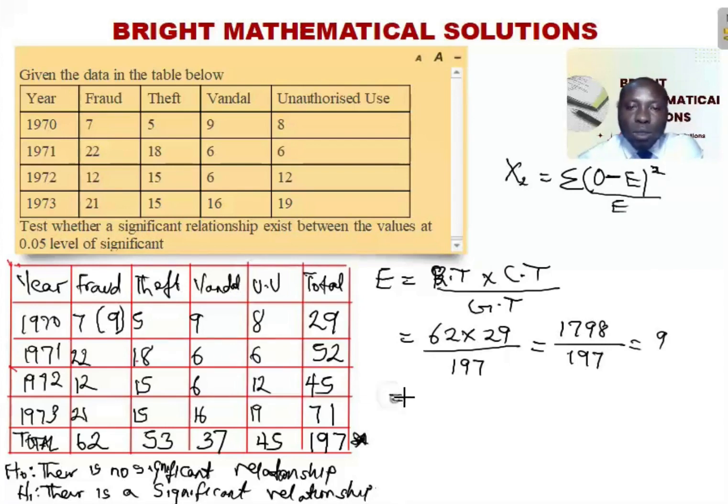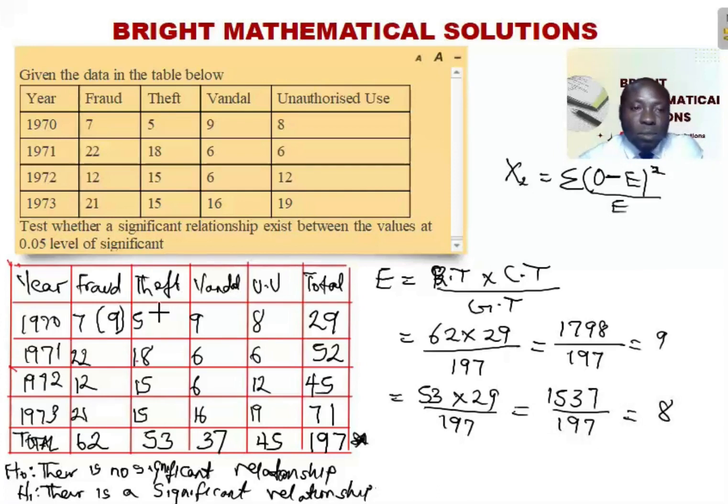So let us go to the second one. Theft 1970, so that is 53 multiplied by 29 divided by 197. And that gives me 1537 divided by 197. So that gives me 8. So here I'm coming back here, I'm writing 8.